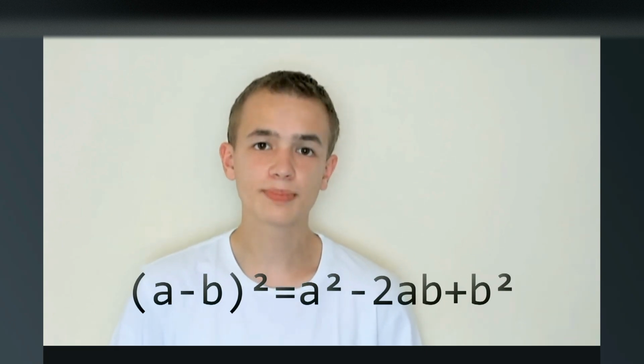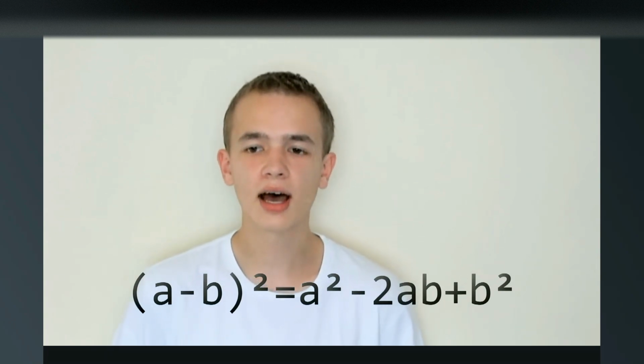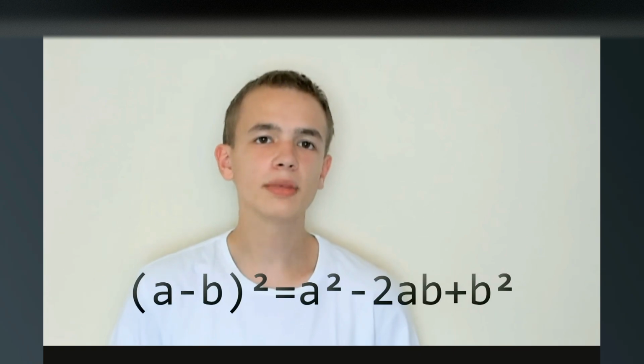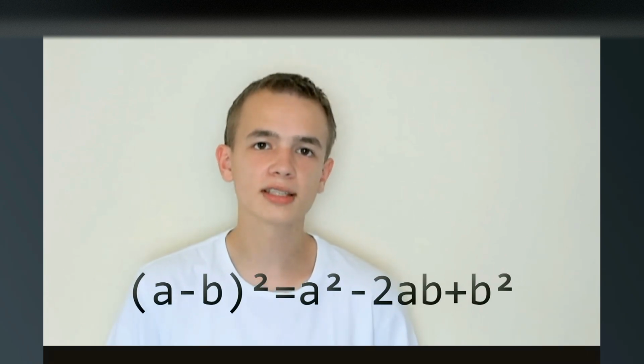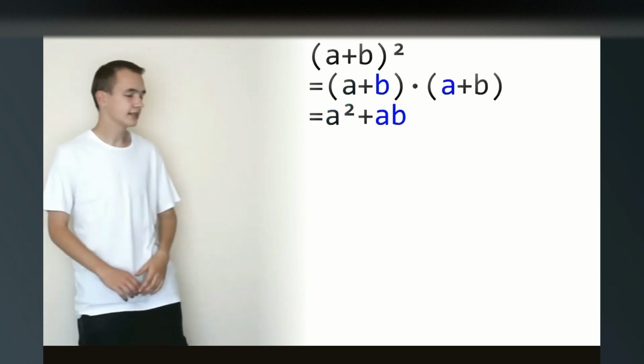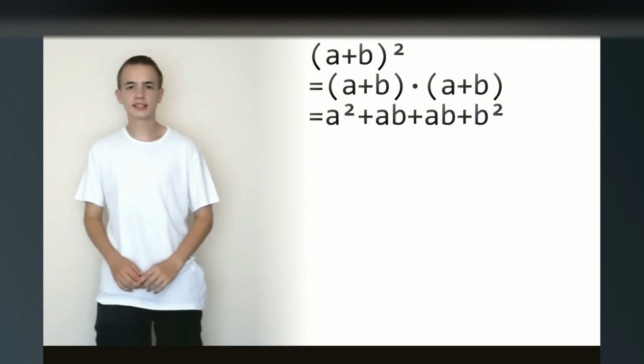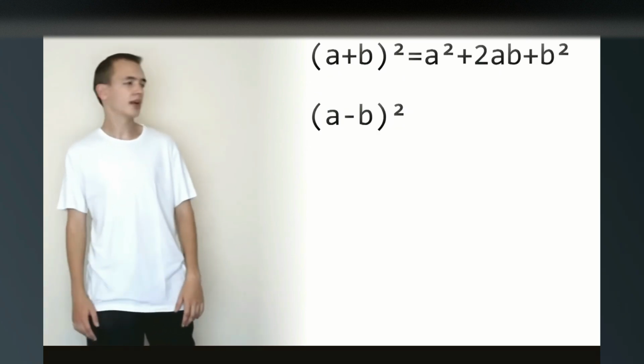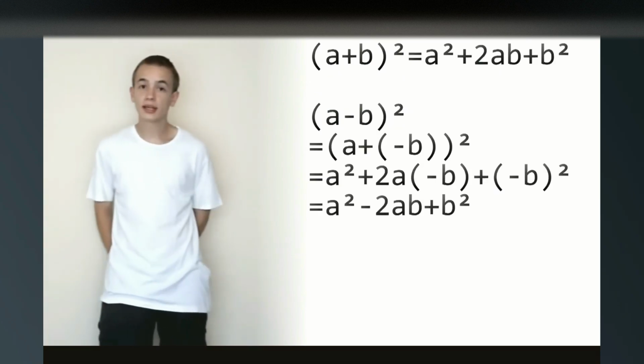Klammer auf a minus b, Klammer zu ins Quadrat, ist gleich a Quadrat minus 2ab plus b Quadrat. Woher die Formeln kommen, lässt sich leicht verstehen, denn nehme ich a plus b hoch 2, muss ich es mit sich selbst mal nehmen. Multipliziere ich jetzt alle Teile einzeln aus, dann kommt da auch schon fast die erste Formel raus. Und nehme ich in derselben Mal ein Minus statt dem Plus, dann ändert sich nur ein einziges Zeichen.